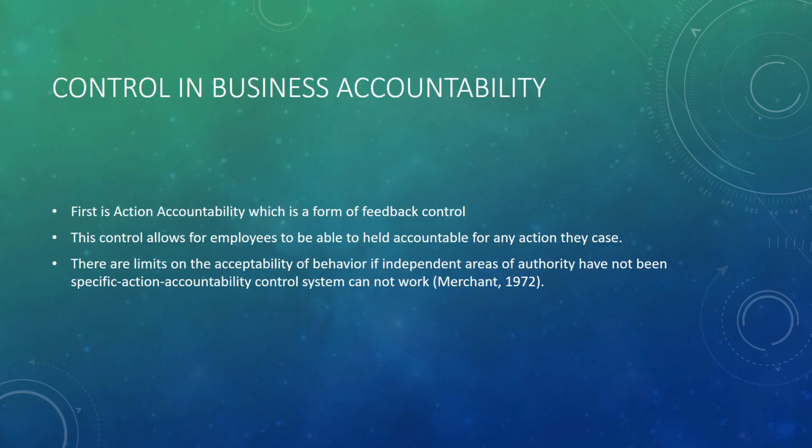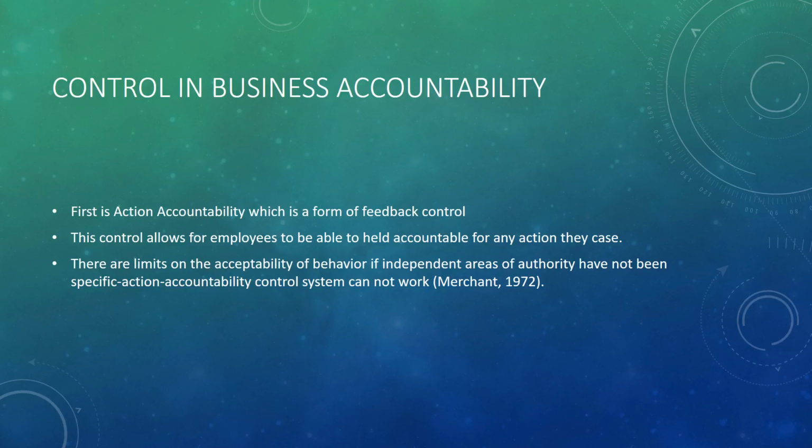Control and business accountability. Accountability is used by business, and most of the framework is in action accountability, which is a form of feedback control. This control allows employees to be held accountable for their actions.